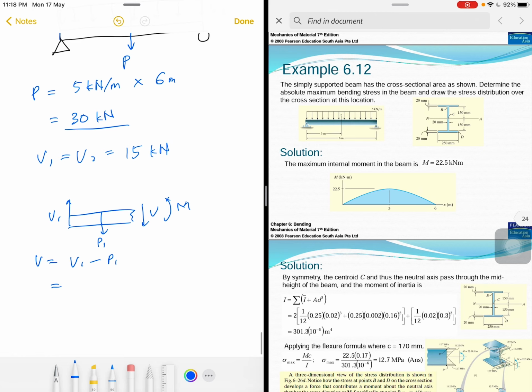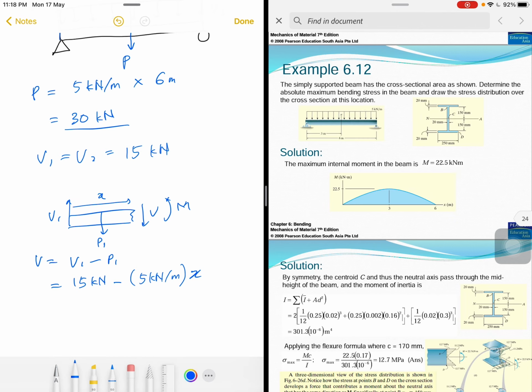Okay, so V1 is equal to 15 kilonewton and P1 is 5 kilonewton per meter times the length of X. So we can put X right there.